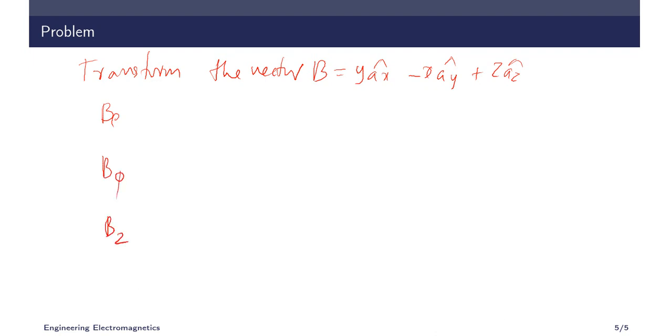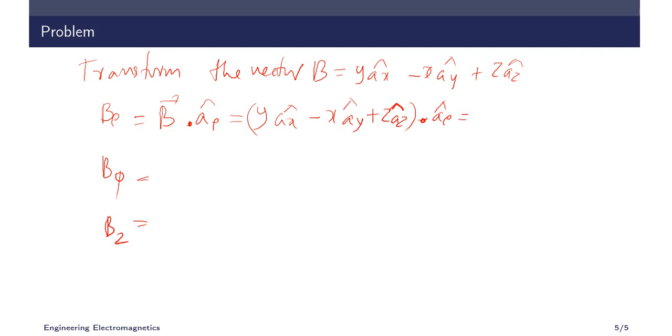If you are not into rote learning, you can directly use the expression, that is B dot a rho will give b rho. So how to get that one? B dot a rho will be y ax cap minus x ay cap plus z az cap dot a rho.